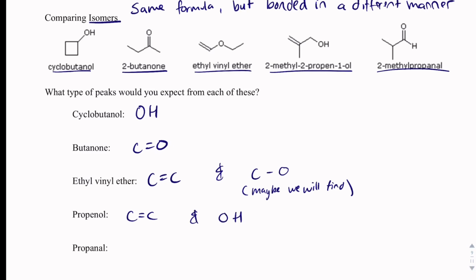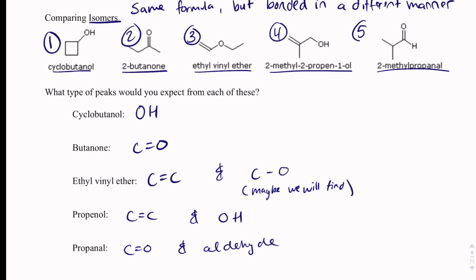And the last one, we have C=O and an aldehyde. Okay, so I'm going to call these compound 1, compound 2, compound 3, compound 4, compound 5.